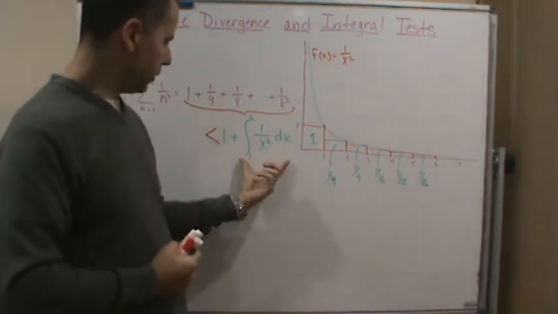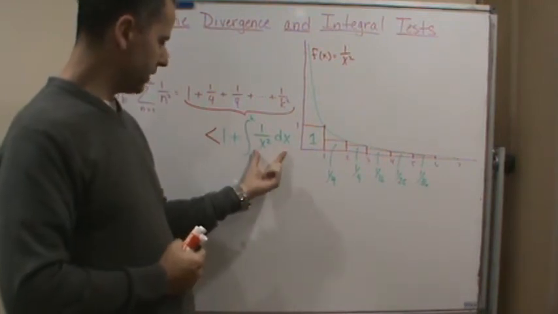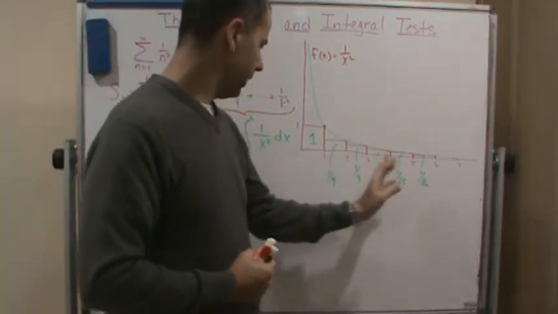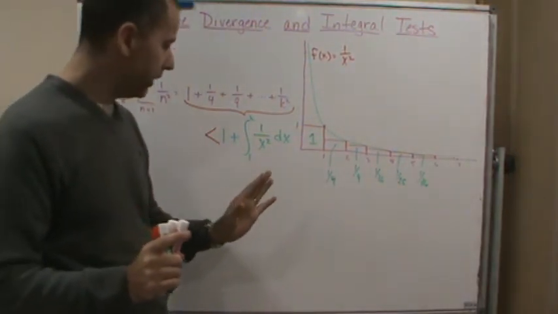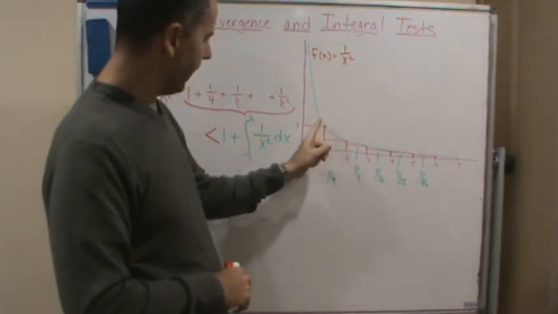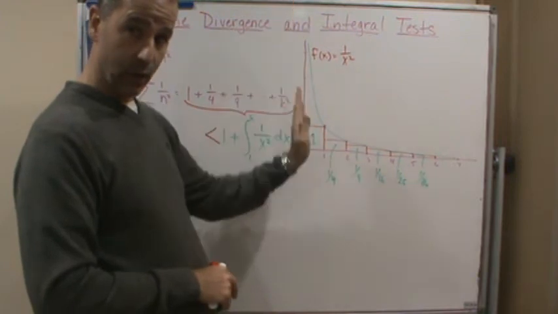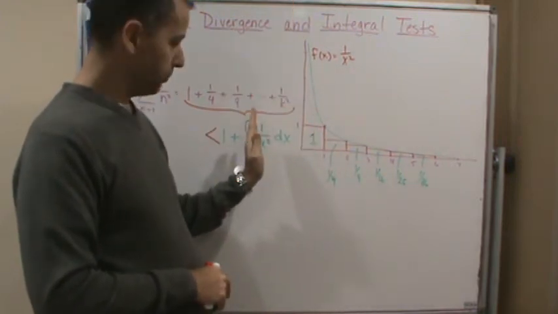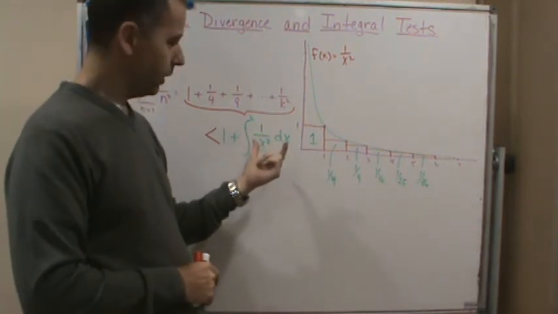Notice that the integral I have goes from 1 to k of 1 over x squared. So it starts here, and then I add the 1. Why is that? Incidentally, I obviously can't find the area from 0 because this goes to infinity, so I'd have to do an improper integral, and we don't have to do that for this proof.